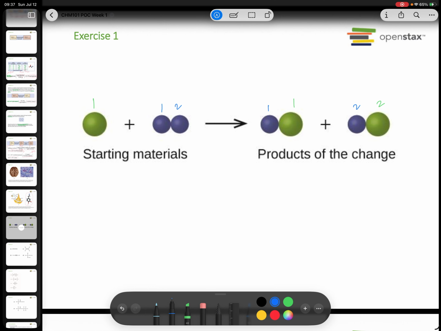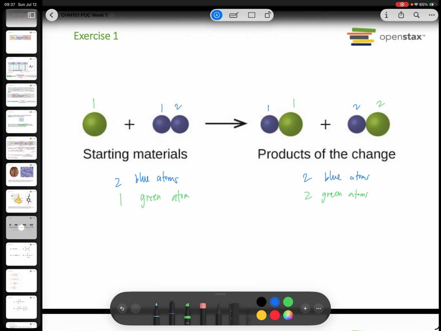So, count the atoms. Here we have 1 green atom and 2 blue atoms. In the product, we have 2 green atoms and 2 blue atoms.